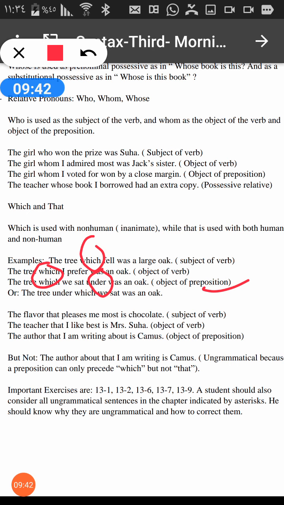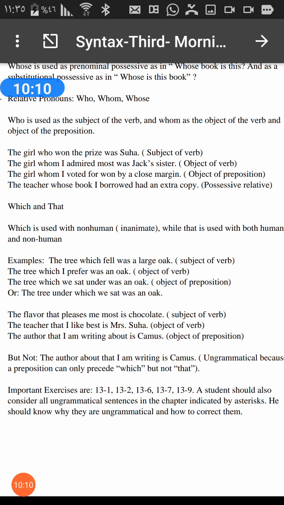Or sometimes you can put it in another way when it is used as the object of the preposition. ممكن نستخدم الصيغة الأخرى إذا استخدمنا كمفعول به لحرف الجر, as in this example, the tree under which we sat was an oak. فهنا in both cases بالحالتين which functions as the object of the preposition under. We take other examples. ناخذ أمثلة أخرى.